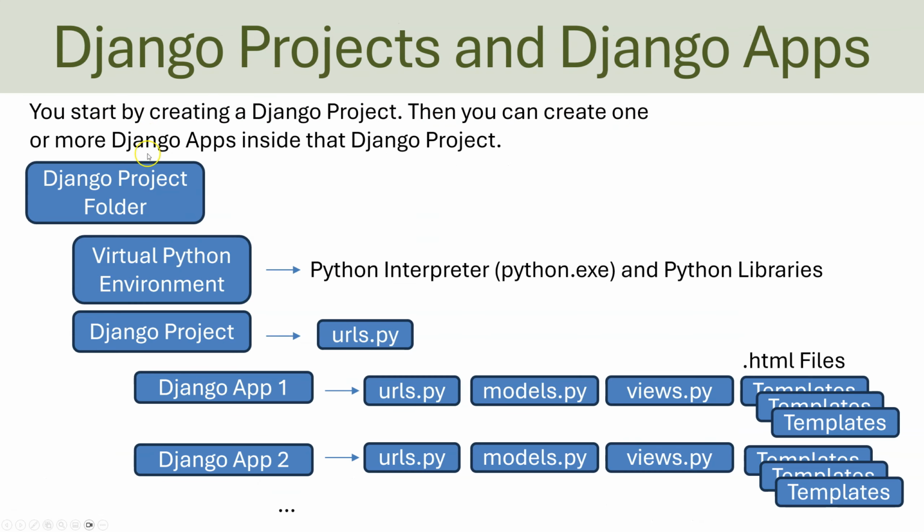If you see this overview, typically you just have a folder on your computer where you want to install and develop the Django application, and then in that folder you need to create a virtual Python environment, and then you need to create a Django project, and that Django project will then create the necessary folders and files. Next, inside that Django project you can create one or more Django applications, and each of these applications will be created with a folder structure and a file structure. So in each Django application you will have a separate urls.py file, and files for models.py, views.py, and a set of template files, etc.